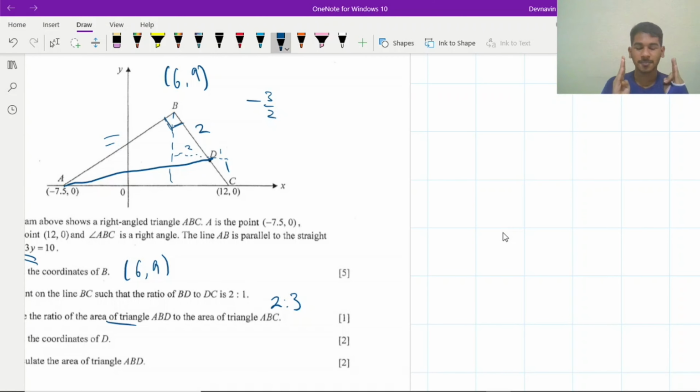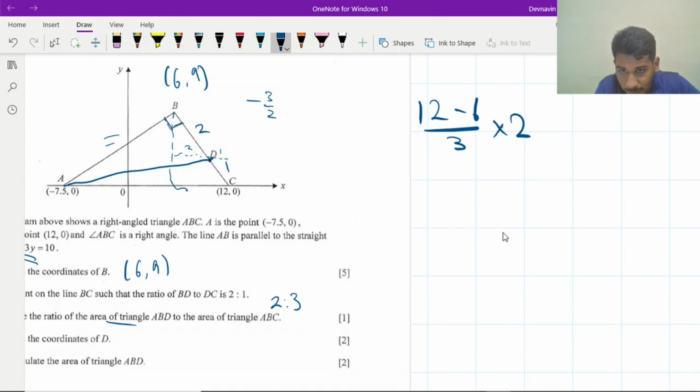So I can take the difference, divide it by 3, and get 2 units worth of it, and then add it to the x coordinate of B. That will give me the value of D.